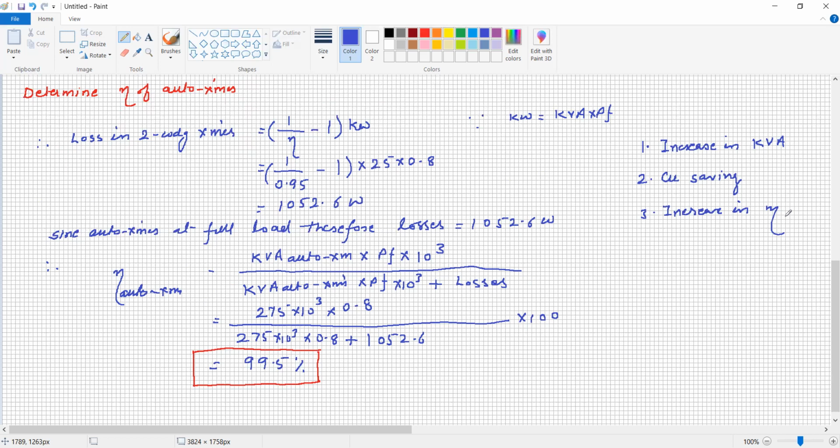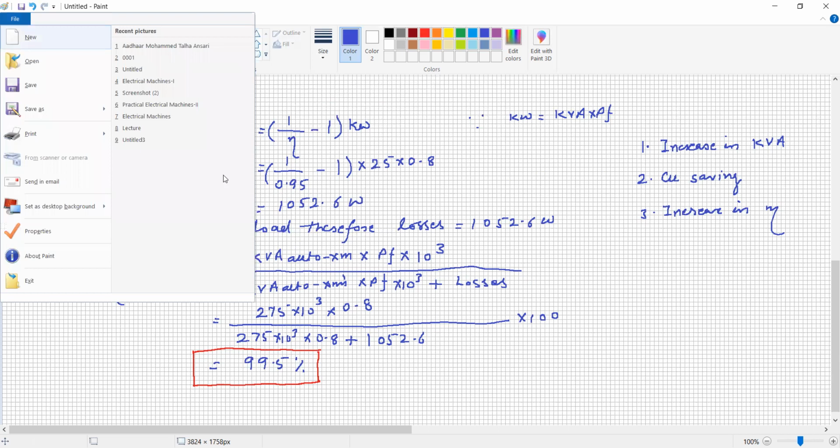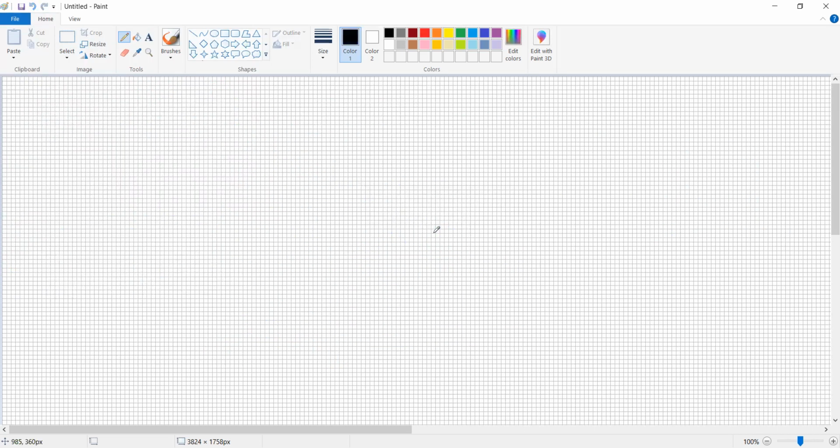Okay, take one more example. Say a 10 kVA, 1150 volt by 115 volt two winding transformer has a full load efficiency of 96% at 0.6 power factor.